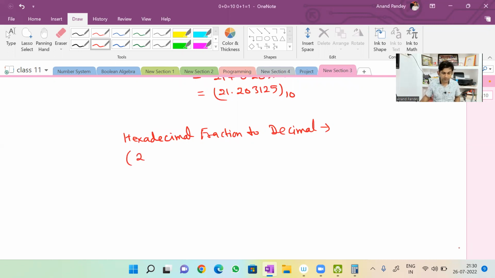For example, 2a5.5b. This is in hexadecimal. Now we are going to convert this into decimal.